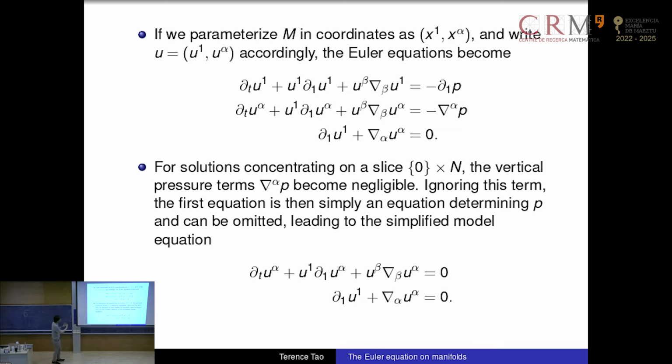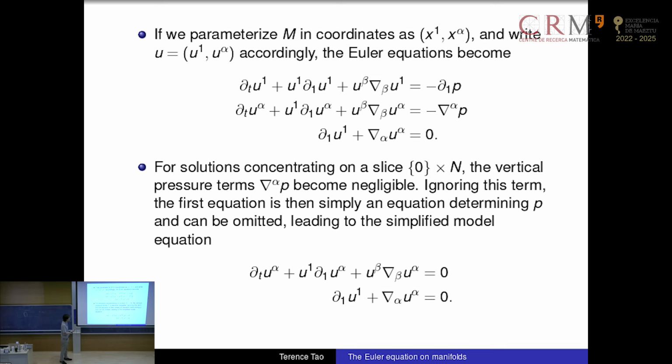And so if it's a steady state or some sort of self-similar type solution to this equation, you don't have this pressure anymore.